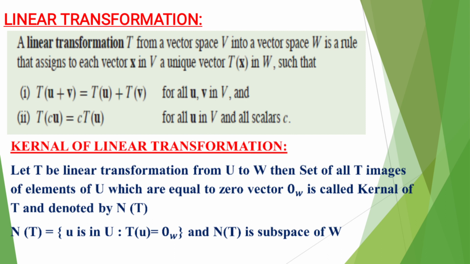Next we define the kernel of a linear transformation. Let T be a linear transformation from U to W. Then the set of all elements of U whose T images are equal to the zero vector 0 W is called the kernel of T. It is denoted by N of T. We already know the kernel definition in groups, and here it is the same definition.